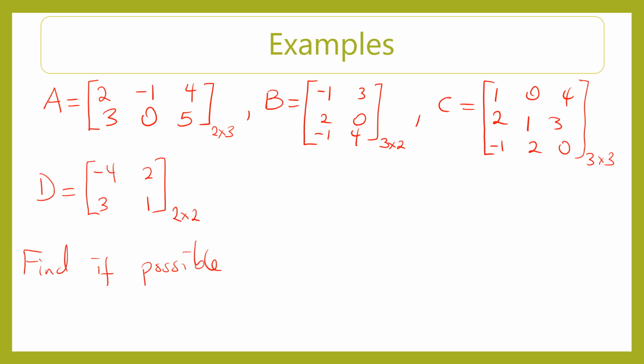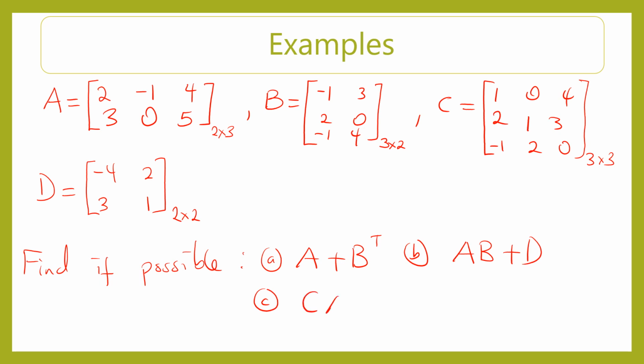If possible, find A plus B transpose, B, A times B plus D, then C times A transpose, lastly, C times B plus A transpose.